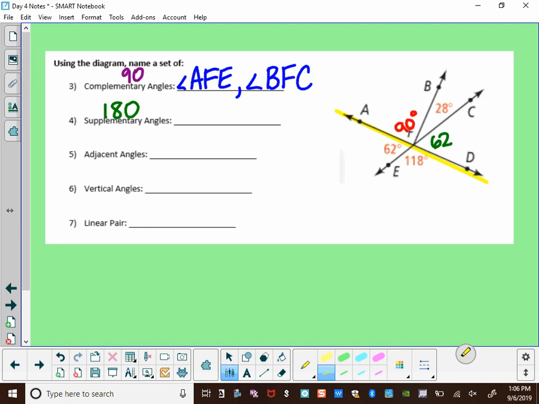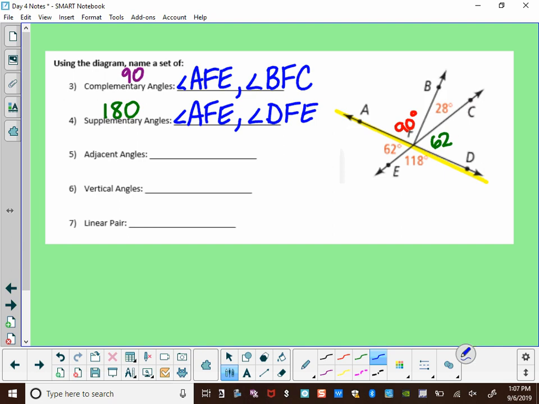It's 180, so we can use those two angles. AFE and DFE, good. If you wanted to use these three angles on the top side, you can do that. There's actually a few things you could do.